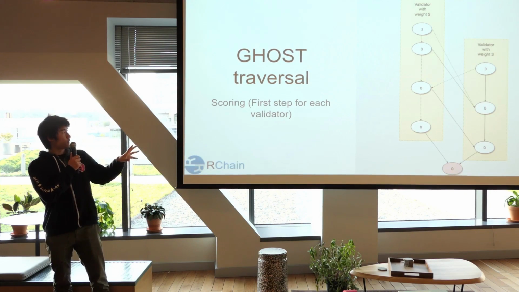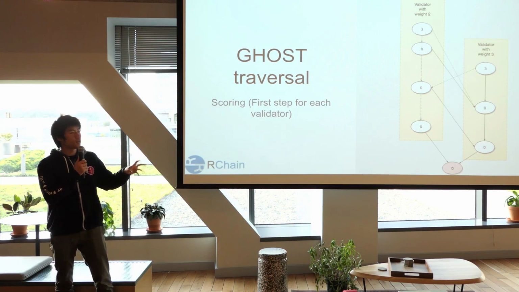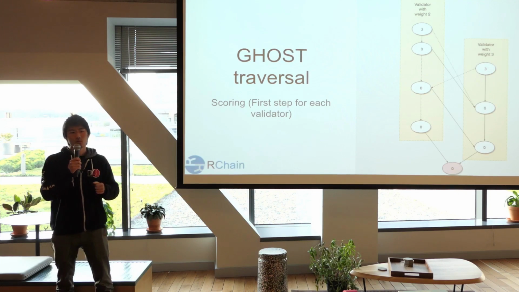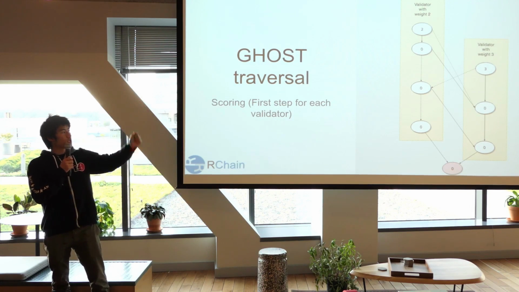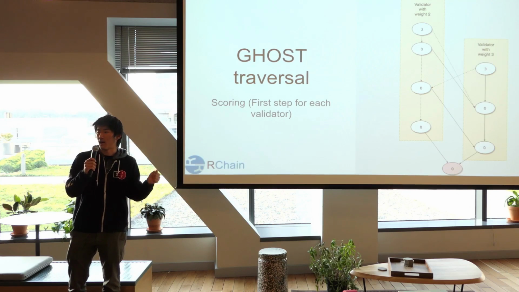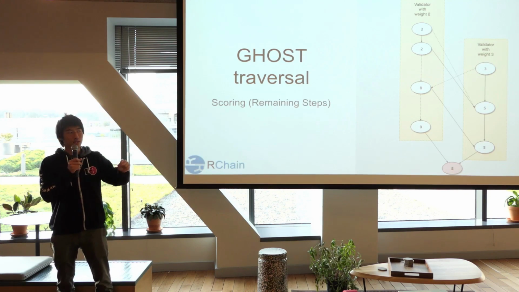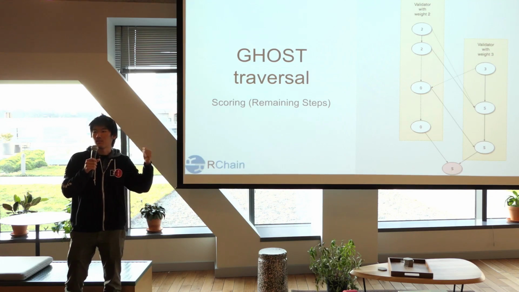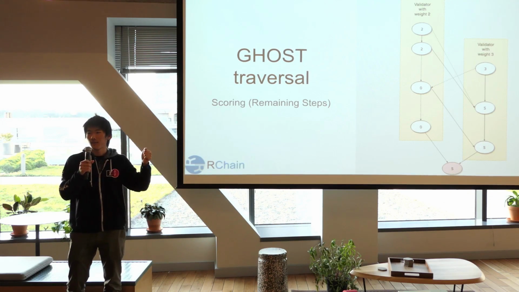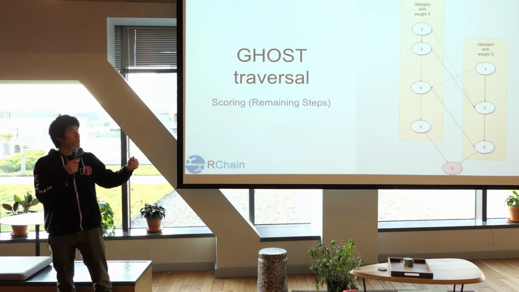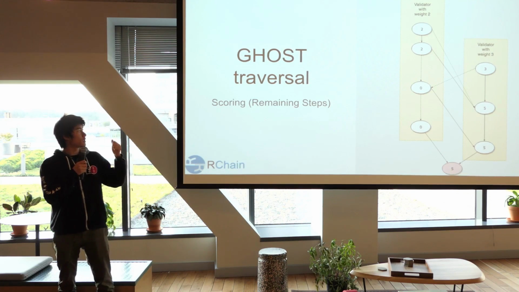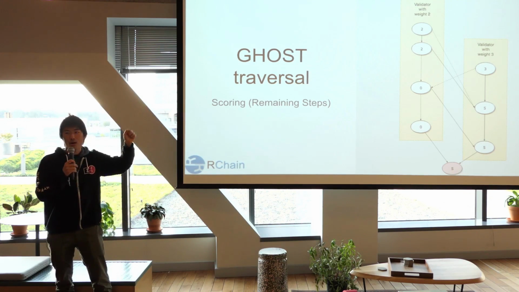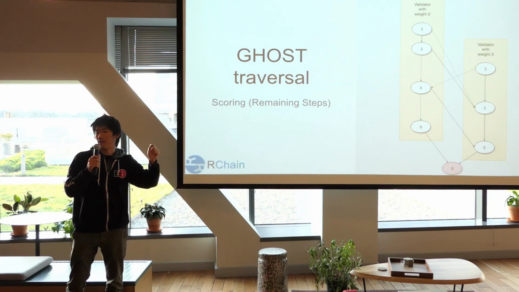Every time we want to figure out which block we are going to build on top of, we go through the chain and we start scoring the blocks. We take each validator's weight and see which block they support, essentially their latest block. Then we go down the chain and start adding up the values. Here we see how we start at the top left for the left validator's column.